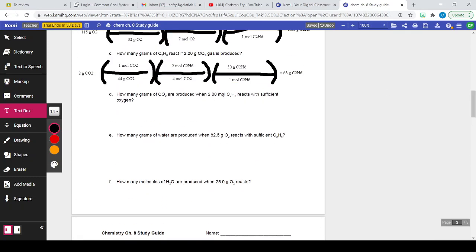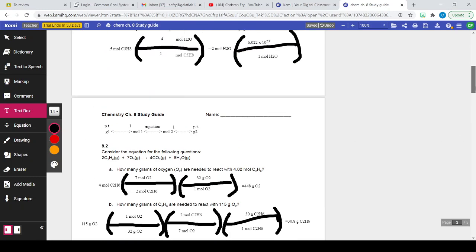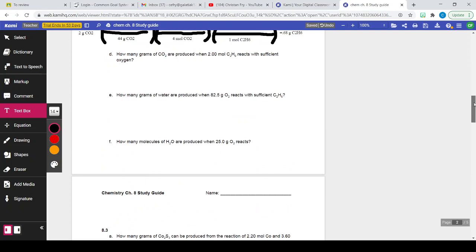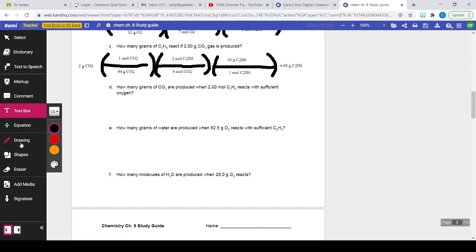D has me going from moles to grams, so it's going to be a 2-step problem because I'm starting off in moles of 1, and I've got to go moles of 2, then grams of 2. Alright, so 2 steps.